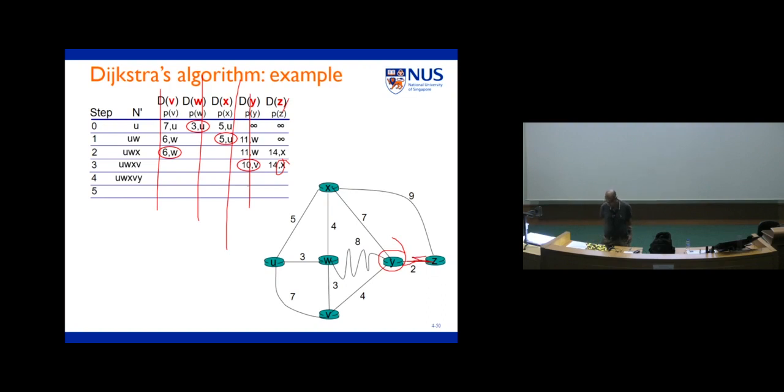So 10 plus 2, which is 12, which is less than 14. So I will say 12 via Y here. And now I have only one left, so of course I can just directly add it and nothing else needs to be done.